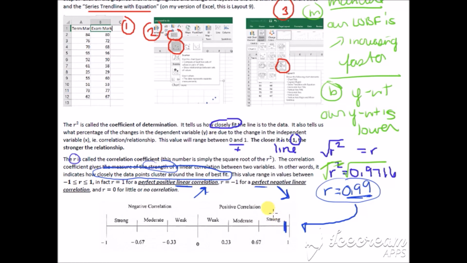It's positive 0.99. So how we would classify this is we would say that there's a positive, strong correlation.